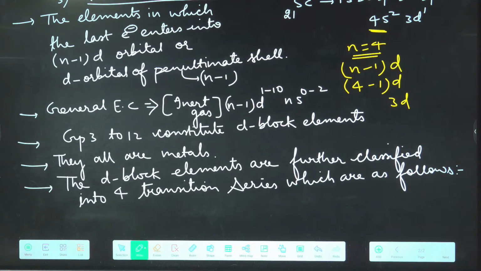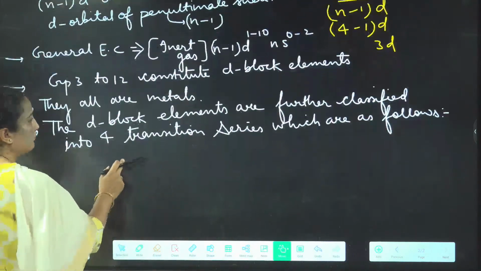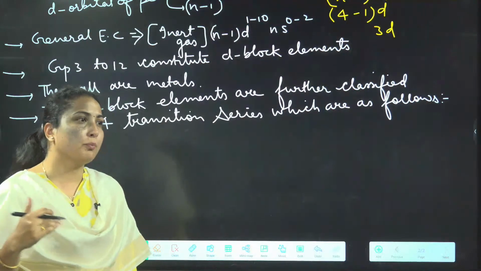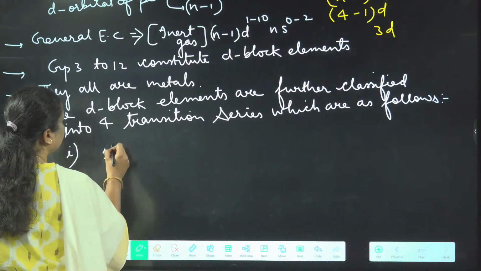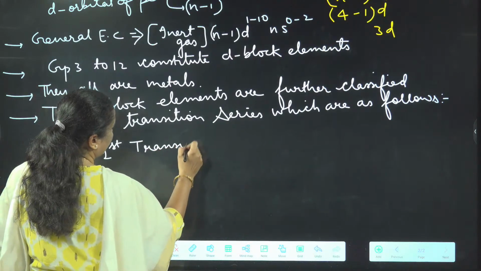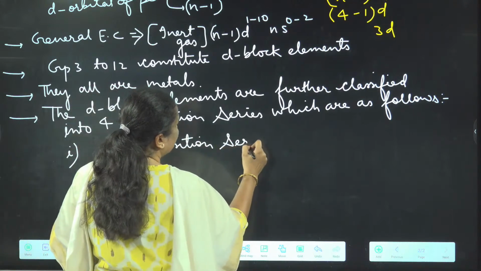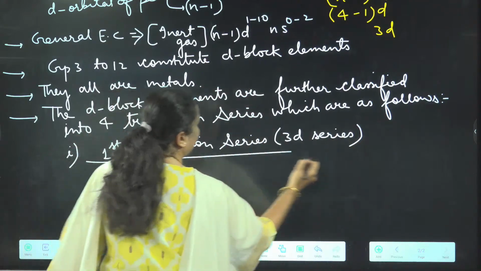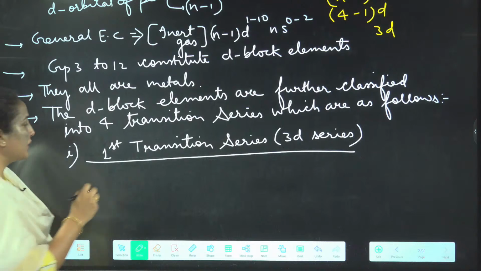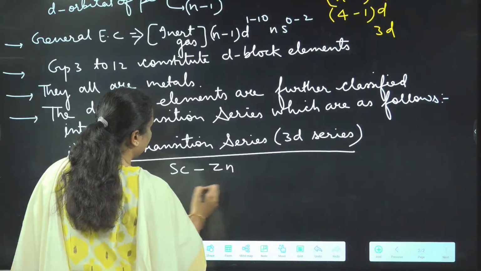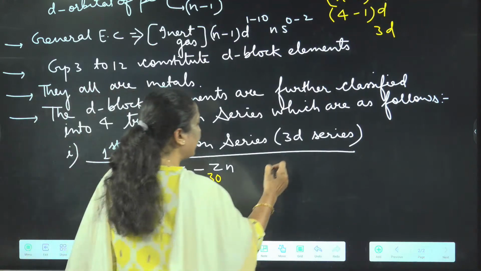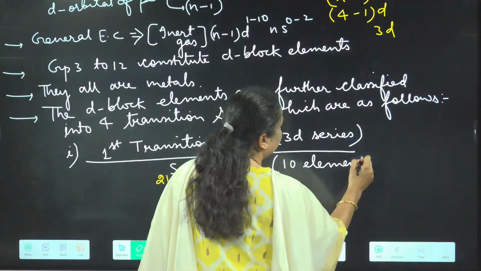Yes, I hope we are done writing it. So let us proceed further. We are still in the D block element, just writing down all those important points which are required. Okay. So first transition series, which is also known as 3D series. Now first transition series, you have seen that it starts from scandium, it goes up to zinc. The atomic number here is 21 and it is 30. In each of these series you are getting 10 elements.